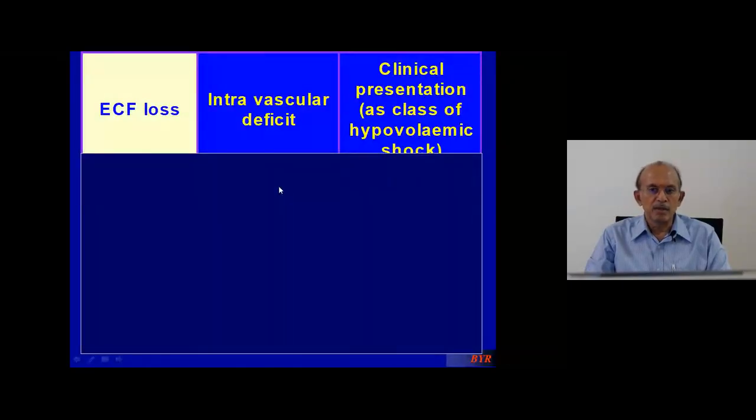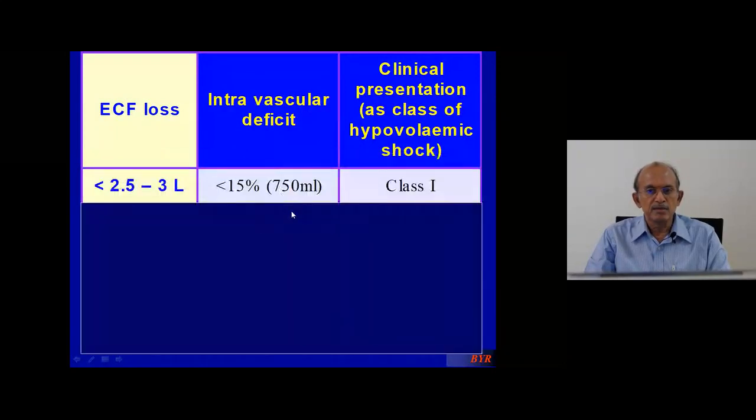So this table represents how much ECF loss will produce clinical symptoms.